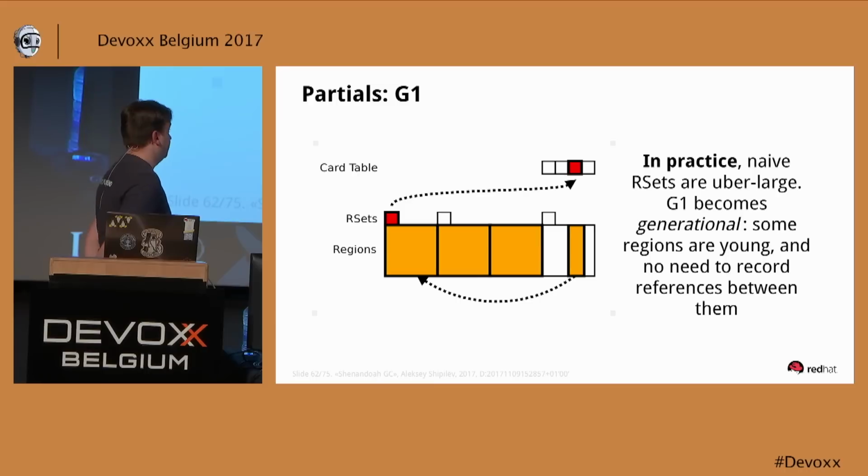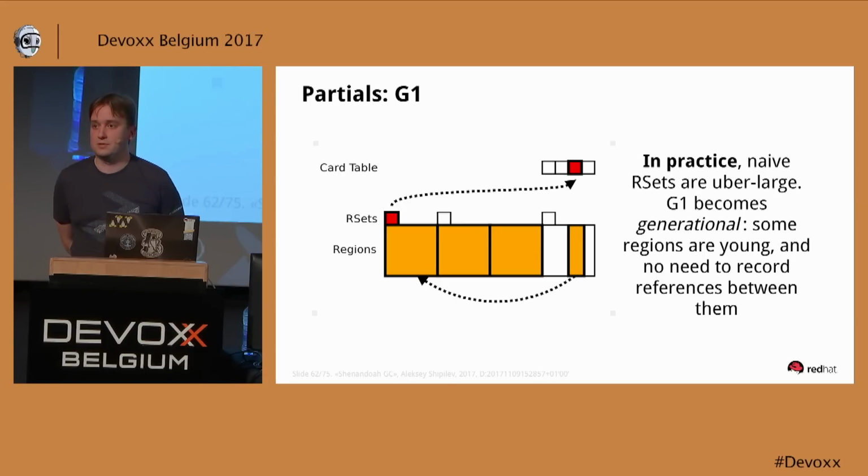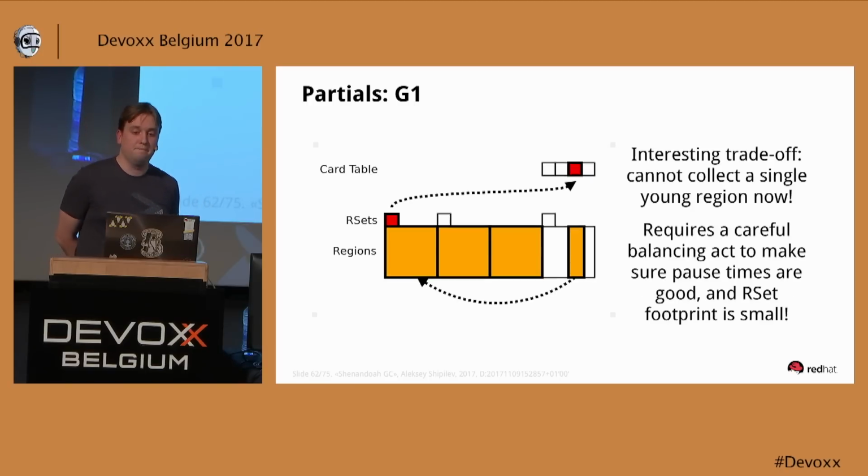For instance, you can make G1 generational. You can designate some regions as young, and you can then collect them all at once. That means you do not have to track the references between those regions, and that's probably where most of the writes are happening anyway. But there's trouble.